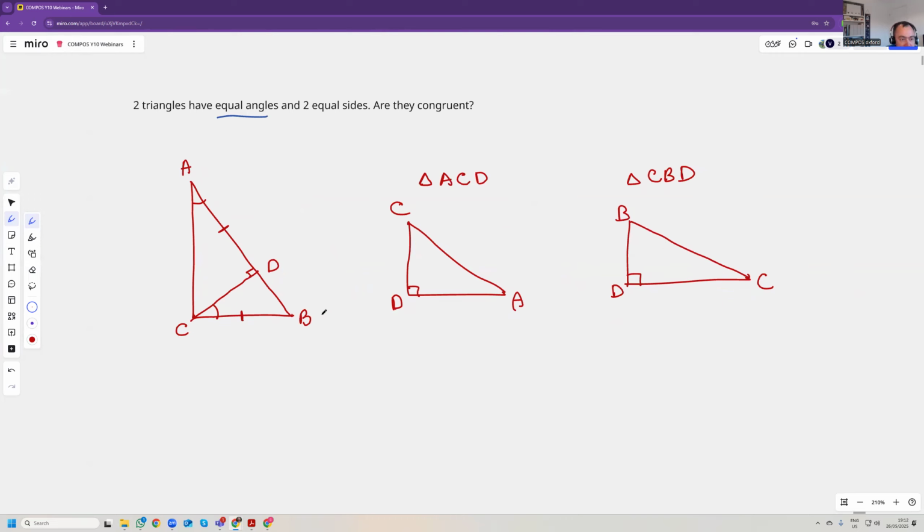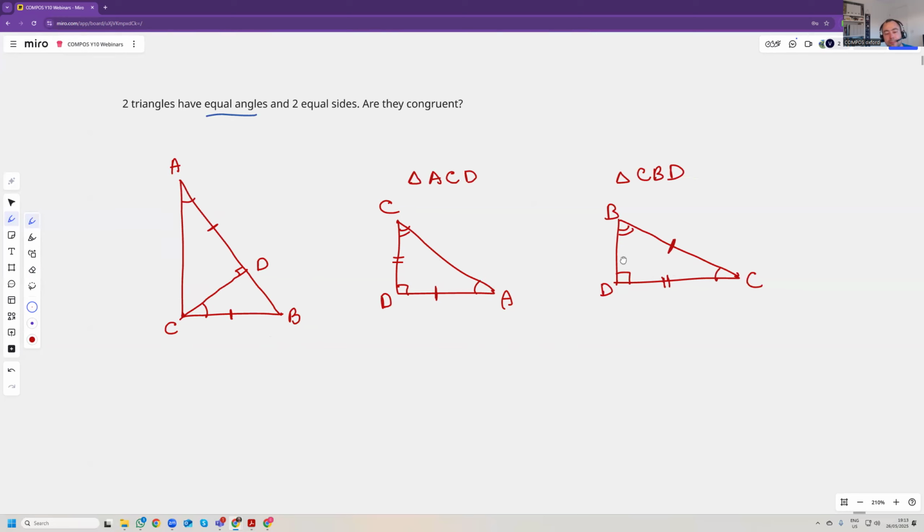So AD is equal to CB. And so these angles are equal. So this angle is equal to this angle. And this angle is equal to this angle. And CD is a common side. So CD must equal CD. Aha.